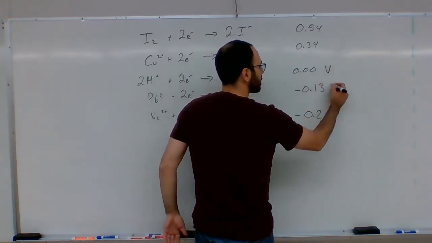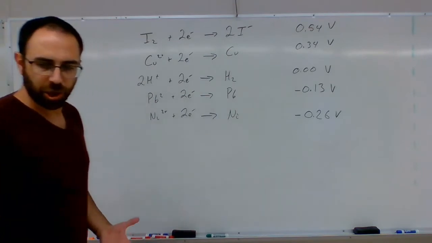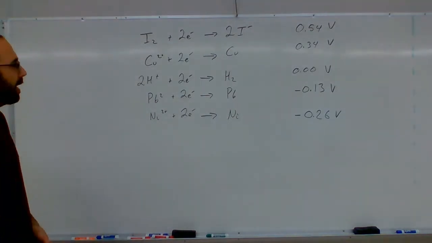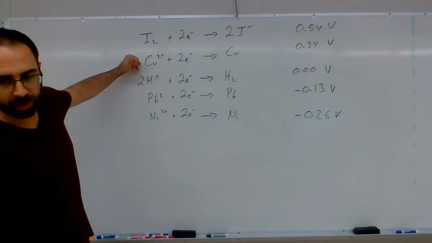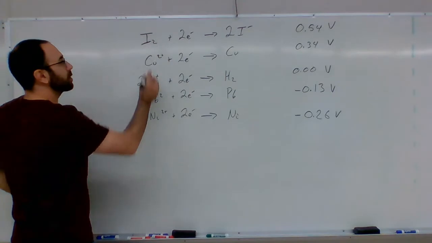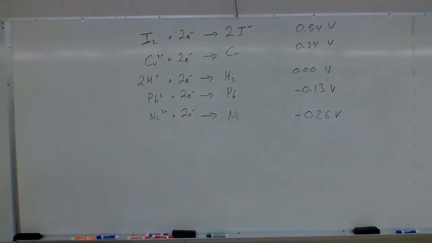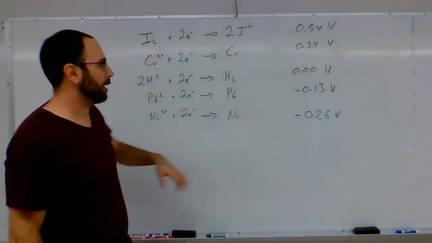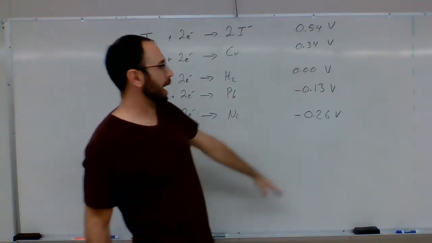If we're looking at our standard reduction potential table of half cells, we notice that if we're above that, we can find this copper with 2 electrons at a positive 0.34. The iodine gas plus 2 electrons to the 2 iodides is positive 0.54. If we go below the 0 point, we can find lead on there at about a negative 0.13, and we can find nickel on there at negative 0.26.